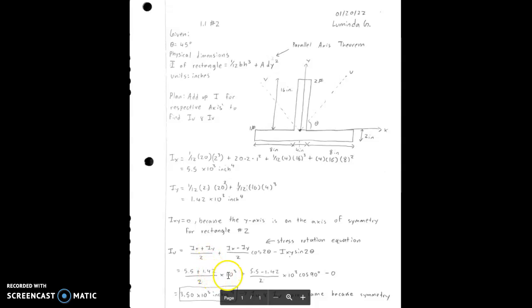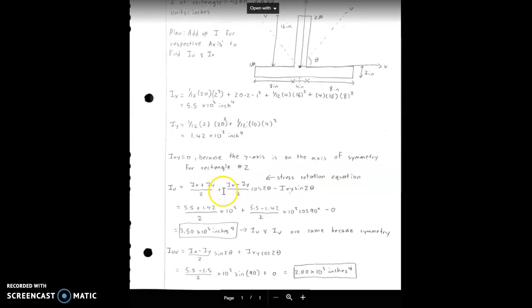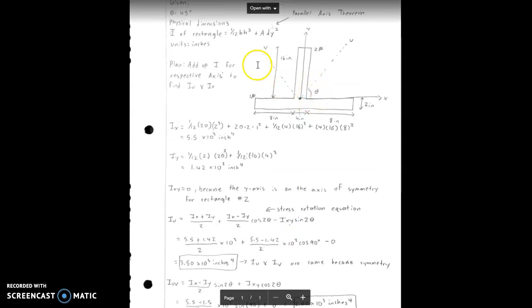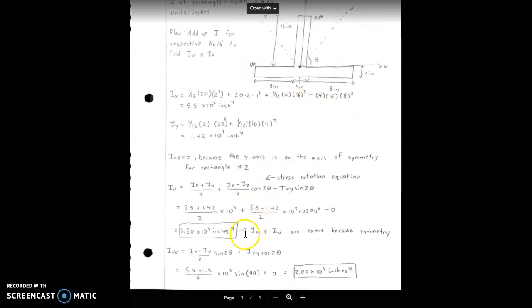The formula includes cosine 90 degrees. This one goes to 0 because, again, I calculated here, Ixy equals 0, so this whole thing goes to 0. And then the bottom portion here, and also Iu and Iv are the same because this shape is symmetrical, and the axes are also symmetrical from one another.